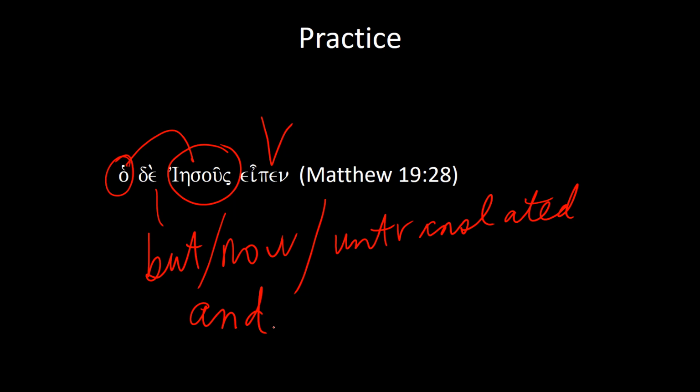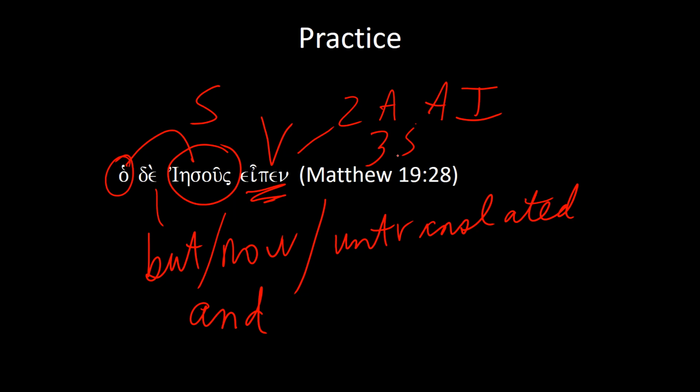So the article goes with Jesus. Ho de Iesous eipen. But Jesus, that's our nominative subject, and the verb is eipen. This verb occurs all the time. It's a second aorist. It means said. But Jesus said. This verb is a second aorist, active indicative, third singular.